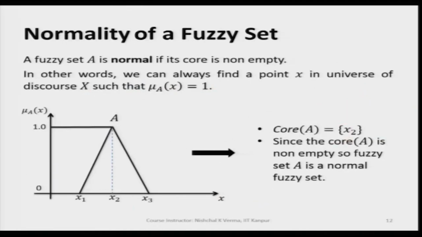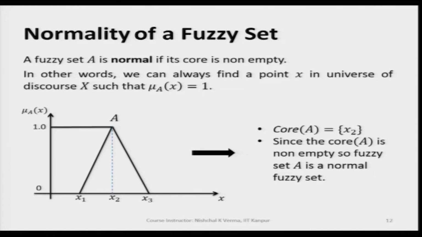Now, let us discuss the normality of a fuzzy set. A fuzzy set A is normal if its core is non-empty. In other words, we can always find a point x in the universe of discourse capital X such that mu A of x is equal to 1.